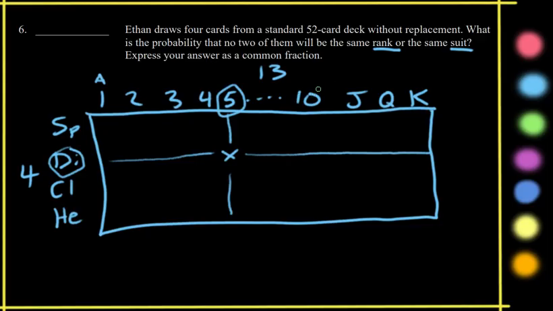In order to keep his thing going where he has no 2 the same rank and no 2 the same suit. So it's a little hard to visualize if I pick one in the middle like this, because now I have these 4 different rectangles that are left over and I want to figure out how many are left over. So instead of that, I'm just going to say, okay, let's assume, since I can pick whatever I want, that he actually picks the ace of spades, this very first card here.